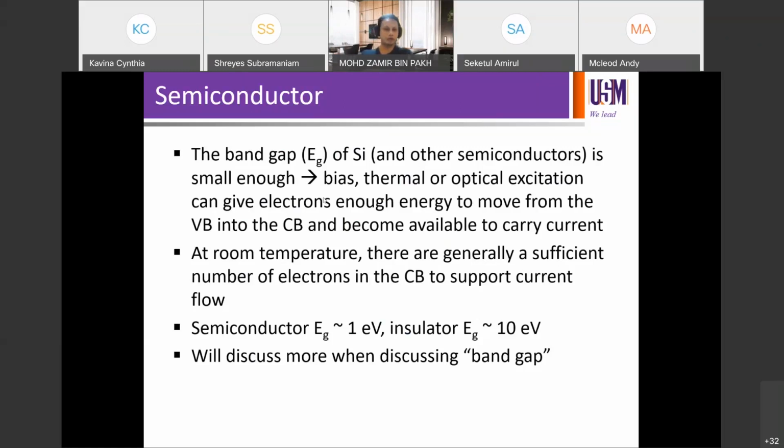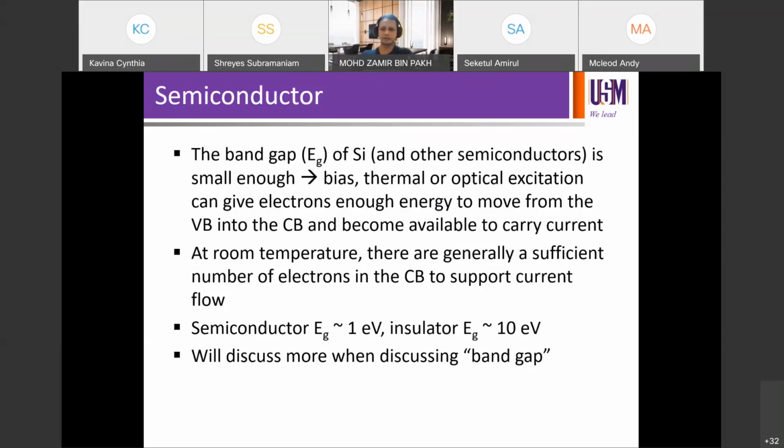So whatever you do here, bias or thermal excitation, optical excitation, as long as the energy given to the valence electrons is enough to excite them from valence band to conduction band, then you will have conduction. If the external factors like bias, thermal, optical excitation given to the valence electrons is not enough, you will not get any conduction. So that is very simple.